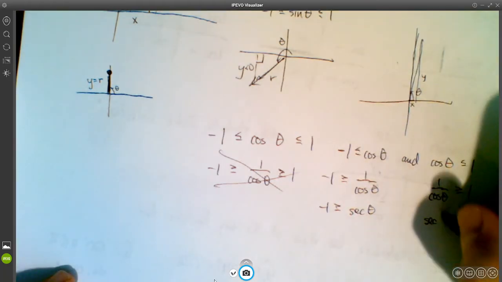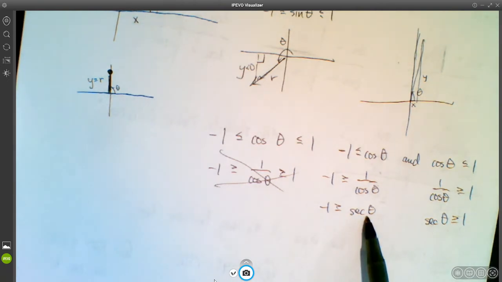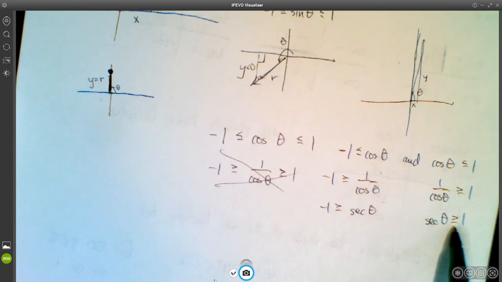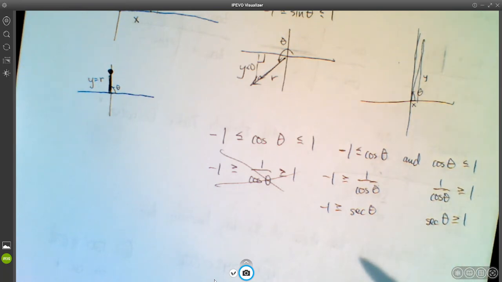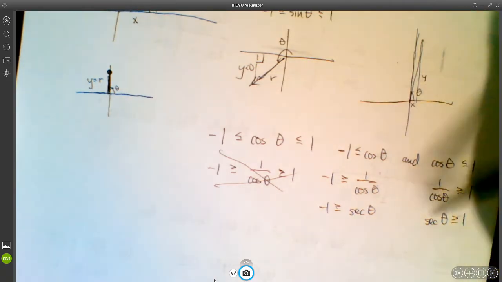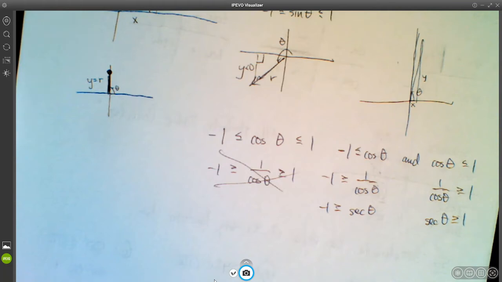So what we're saying is that secant theta has to be less than or equal to -1, or secant theta has to be bigger than or equal to +1. So if cosine is squeezed between -1 and +1, then secant is everything else, just due to the nature that secant is the reciprocal of cosine. So that's the idea there.